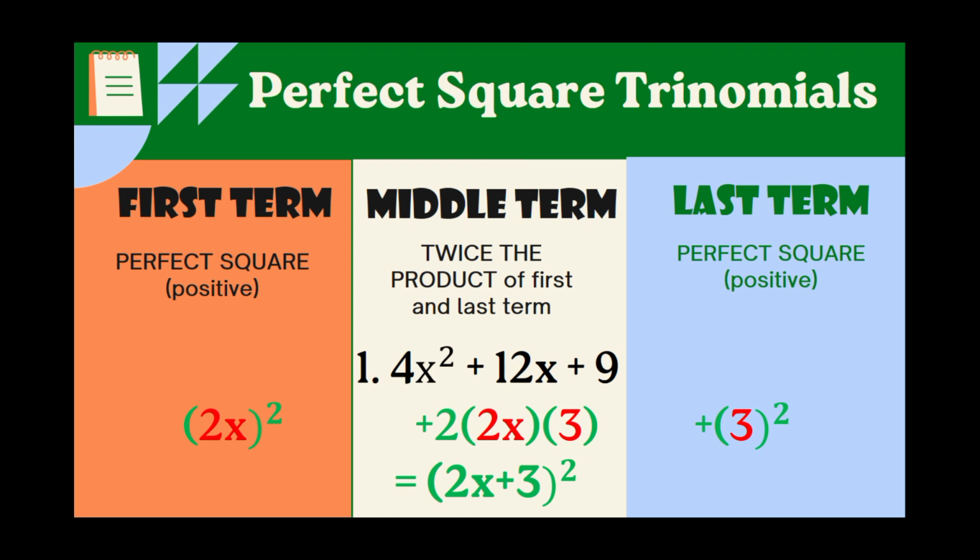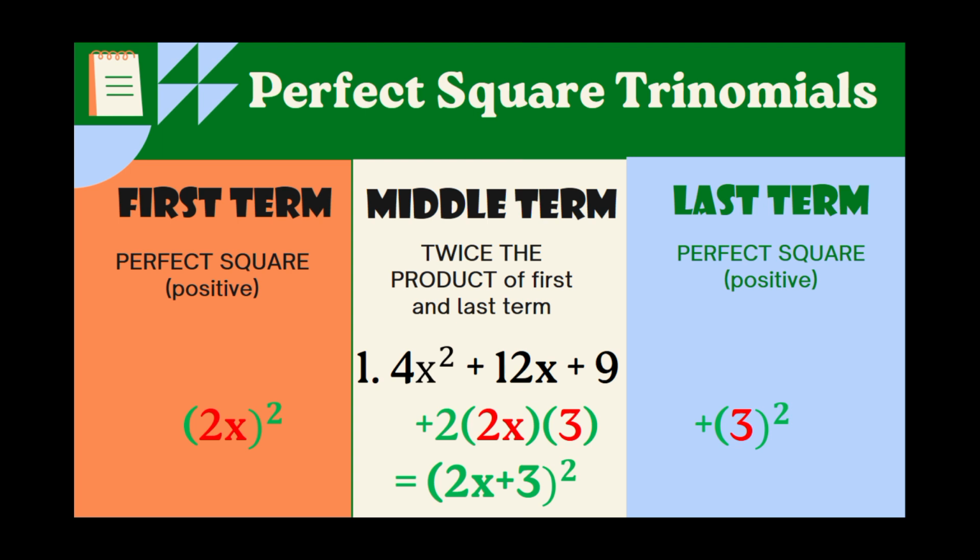Then the last term should also be a perfect square, positive. Since the given is a sum, we have a factor of positive 3 squared, since the product of 3 by itself is positive 9.